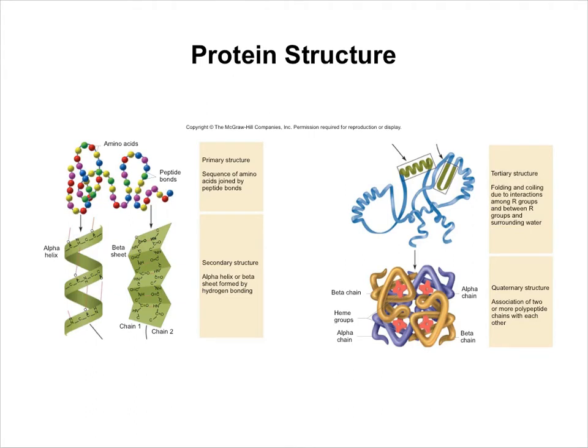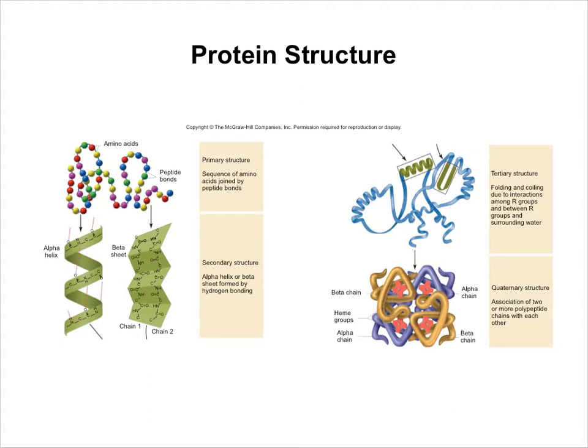Now, I said that one of the reasons why proteins are so diverse, so capable of doing a lot of things, is because of the variety of different R groups, 20 different R groups, but I didn't quite explain that in detail, and I want to get a little bit more detailed in this. The other reason, and it's related, why proteins are so versatile is because they can assume a whole bunch of different shapes.